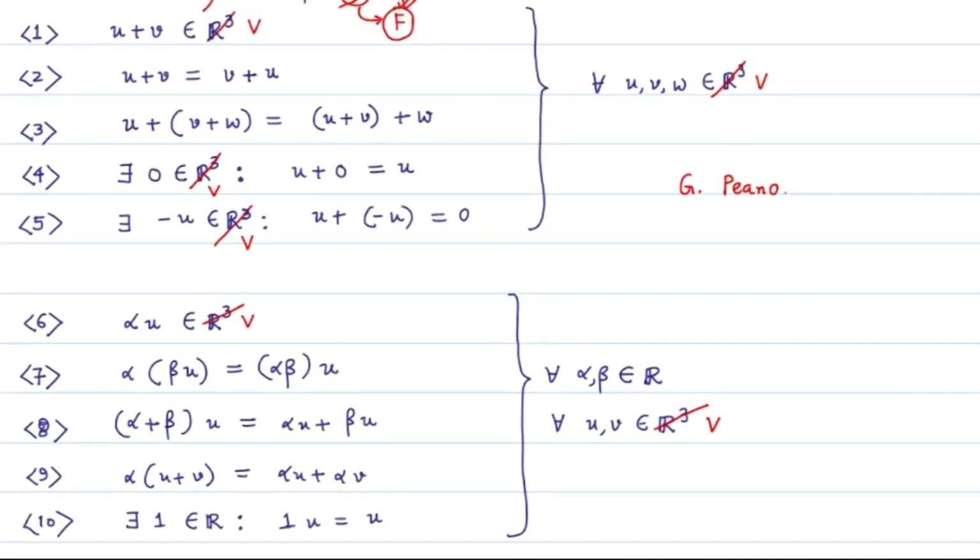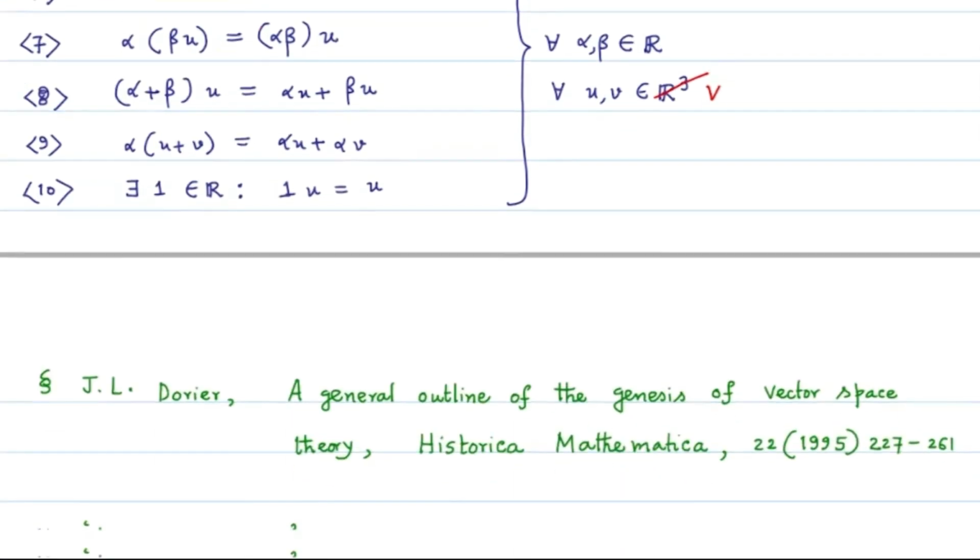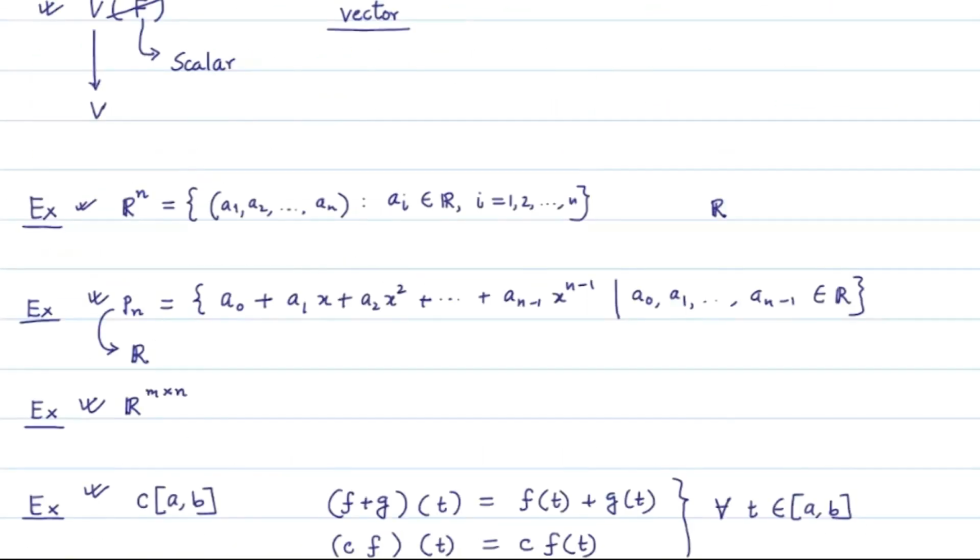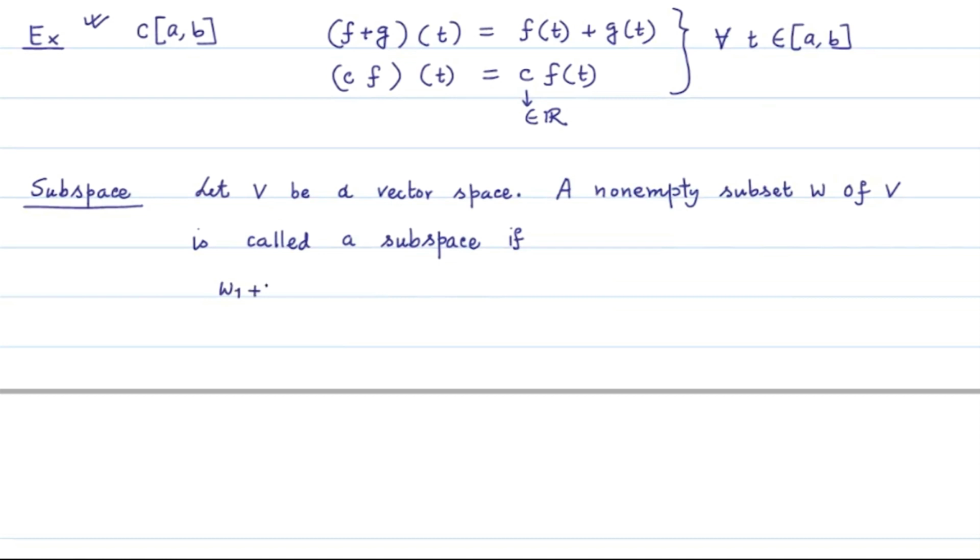We notice that as the elements in W are already elements of capital V and capital V is a vector space, out of all these 10 axioms, except the first and sixth axioms, the rest of the axioms are automatically satisfied by the elements in capital W. Therefore, in order to become a vector space, the elements in W must satisfy only the axioms first and the sixth, that is, W1 plus W2 belongs to capital W and alpha 1 times W1 belongs to capital W for all W1, W2 in the set capital W, and for all scalars alpha 1 in the real number set.